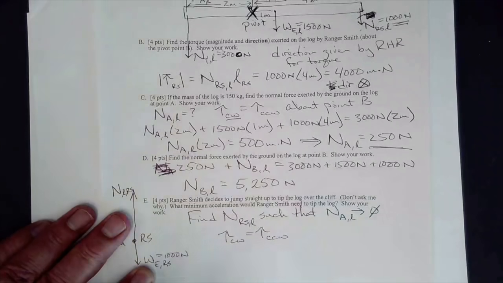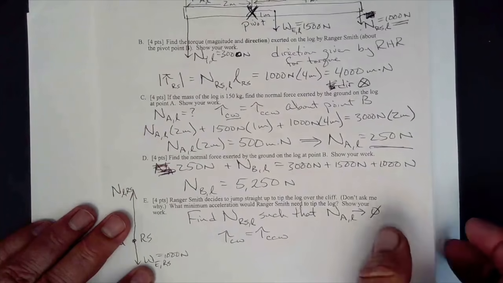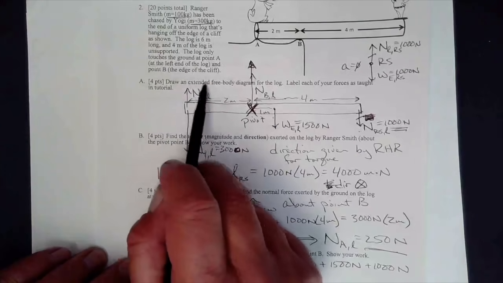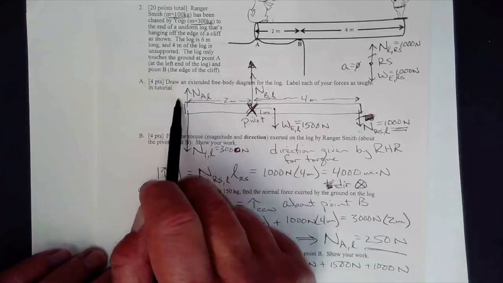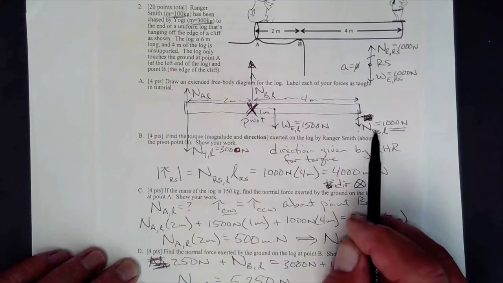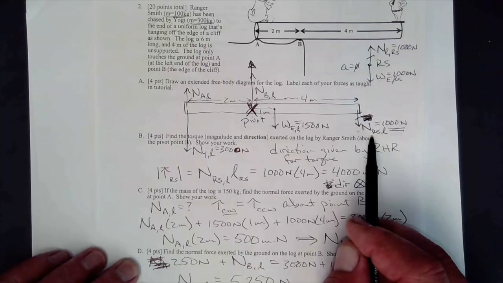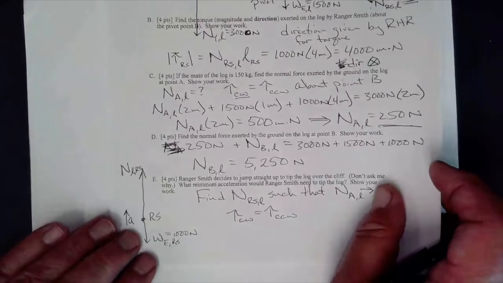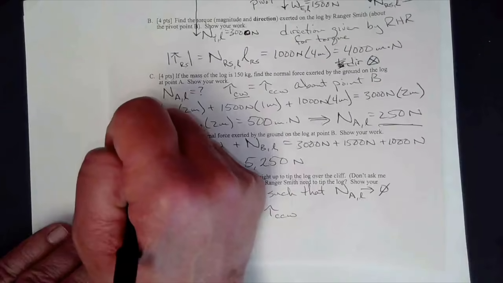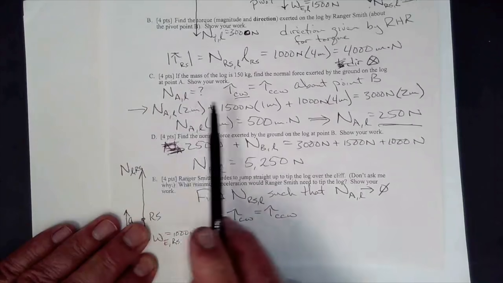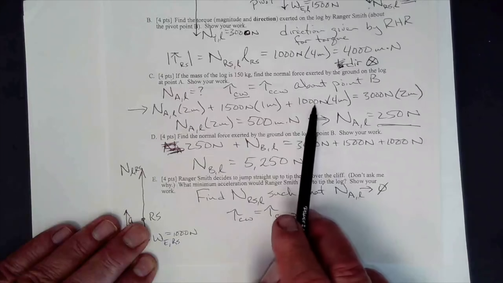But this time we're going to do it with no contact force at A from the ground. And we're going to solve for what push is required to make that happen from Ranger Smith. Okay, so let's do that same equation that we had here, but now this is going to be 0, and the unknown is going to be this push by Ranger Smith.